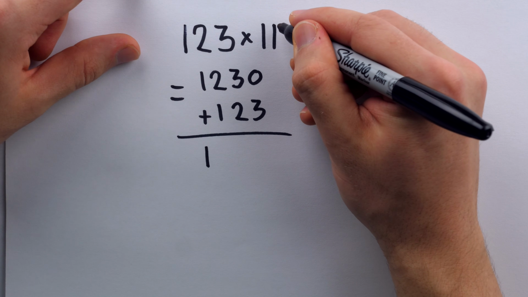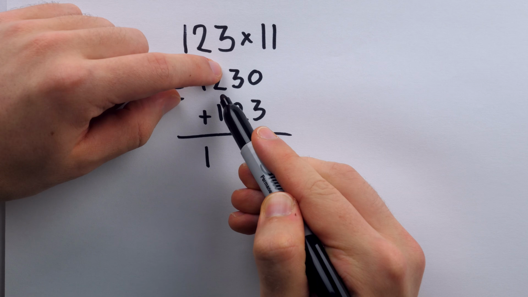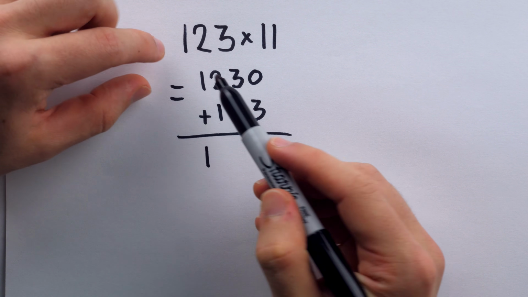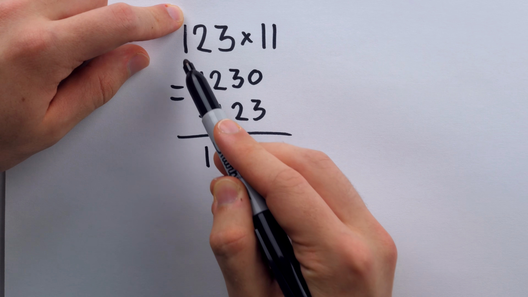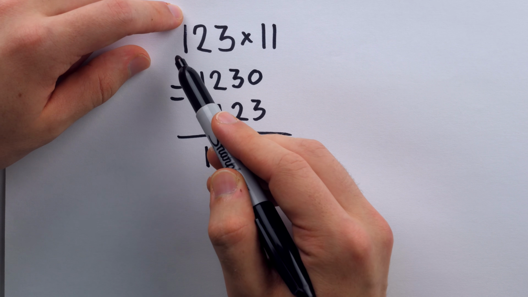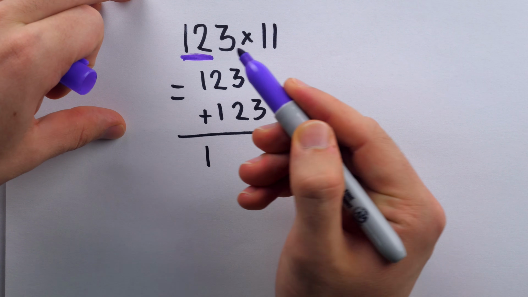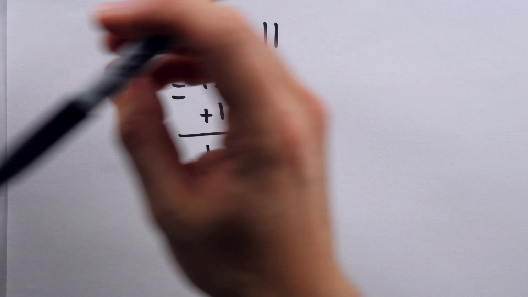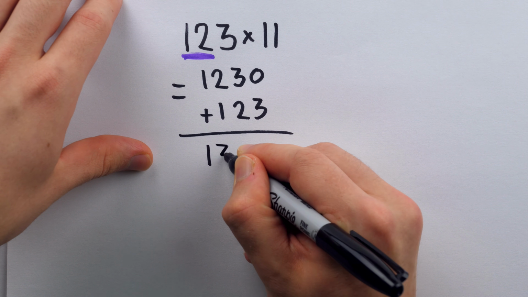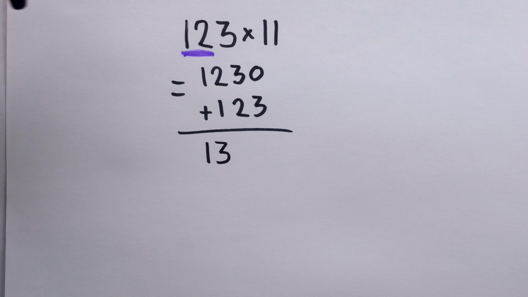However, because there's also a multiplication by 1, when this 2 moves into the hundreds place, there's also already a 1 in the hundreds place from the 1 that we already had. So the way we look at this is as these two digits that are right next to each other being added together to give us the next digit in the hundreds place of 3. And we see the same thing happening in the tens place.